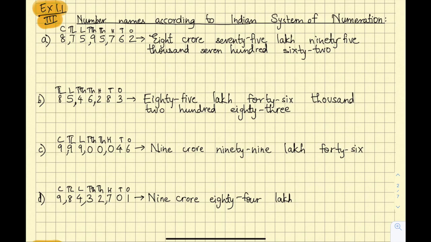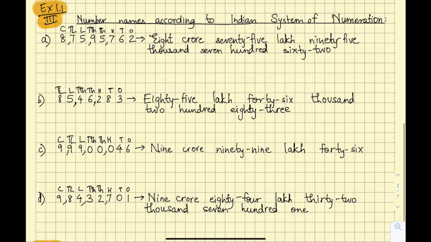Okay, 10,000 and 1,000 you have 3 and 2, which is 32. So we write it as 32,000. And ultimately in place of hundreds you have 7. So you write 700. In place of tens you have 0, tens is 0 and ultimately ones, unit space is 1. So this finishes number names according to the Indian system of numeration.